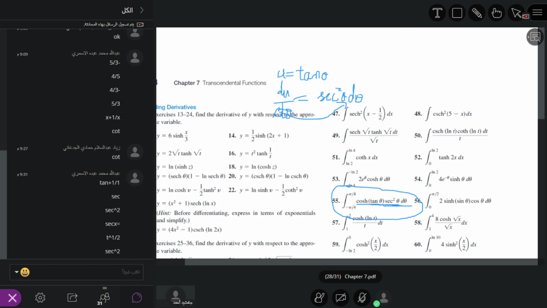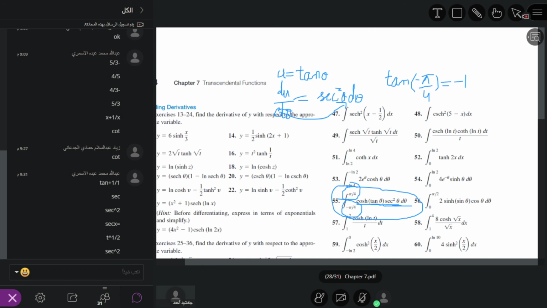Now we put upper limit and lower limit. So here in u we put theta is equal to pi by 4 and minus pi by 4. Tan minus pi by 4, tan minus 45, it is equal to minus 1.